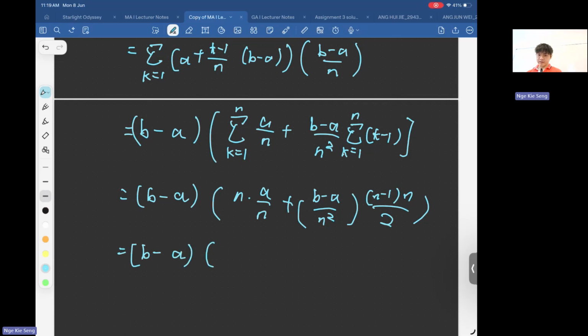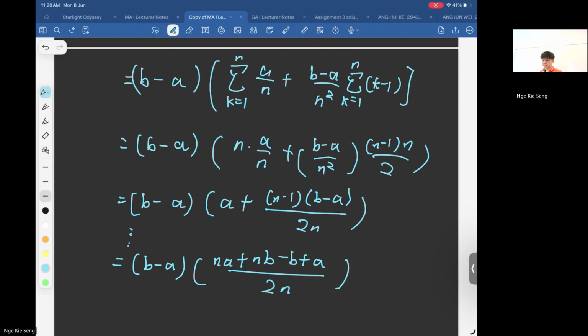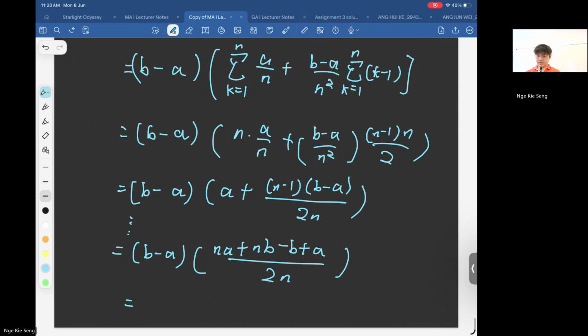So if we put all these things together, what do you get? You should get na times nb. So together we get (b minus a) times (b plus a) over 2, minus (b minus a) squared over 2.